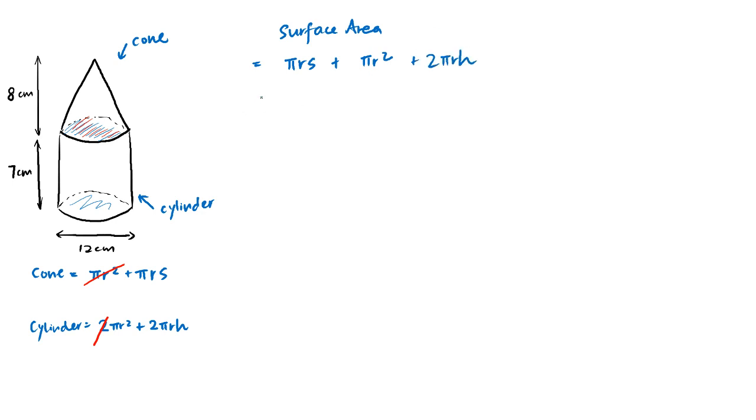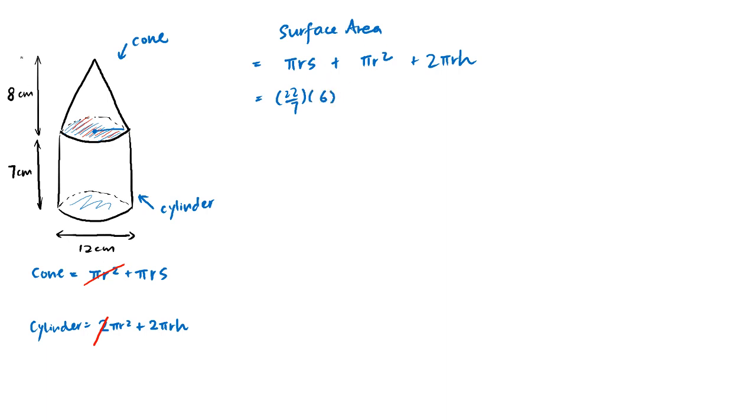Okay, so pi, let's say we use 22 over 7. R, radius, how do we find the radius? The diameter here, as shown here, is 12 cm. So the radius here will naturally be 12 divided by 2, which is 6.